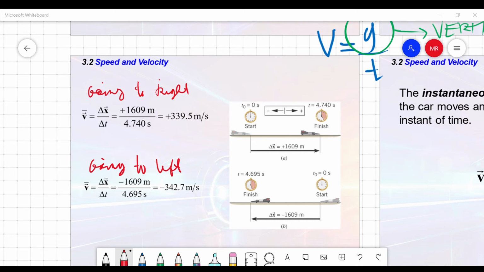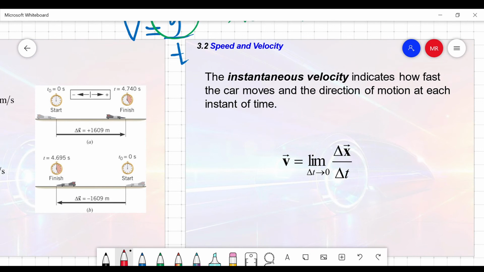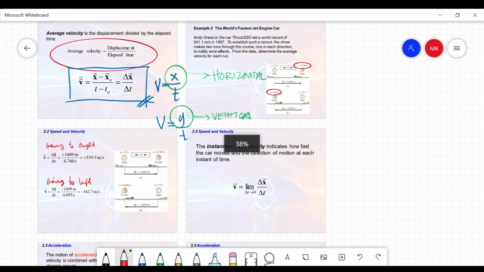Okay, so negative 1,609 divided by 4.695. The answer would be negative 342.7050, so on and so forth. So this is approximately negative 342.7 meters per second.